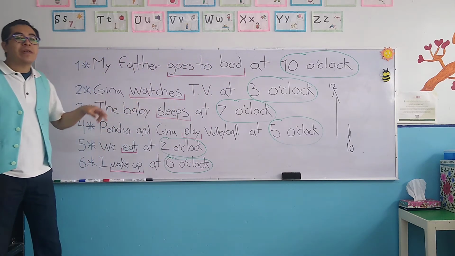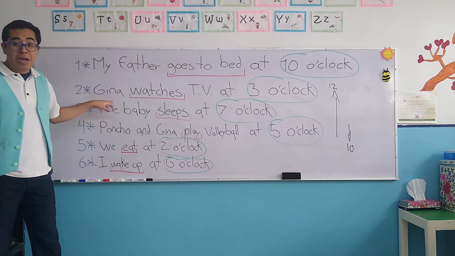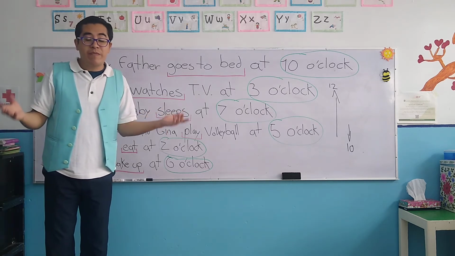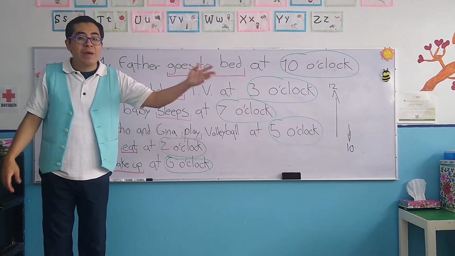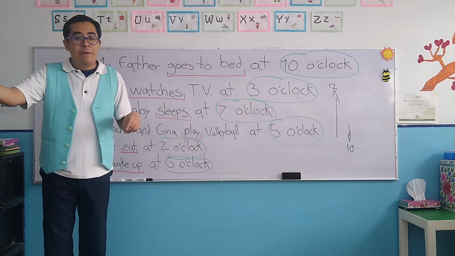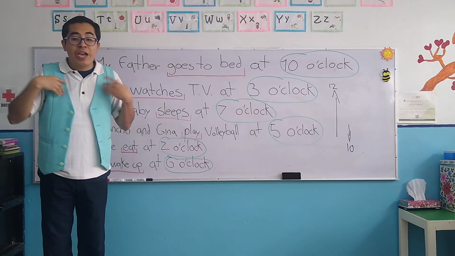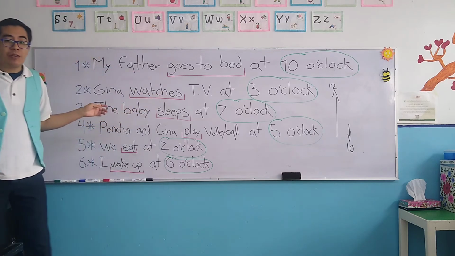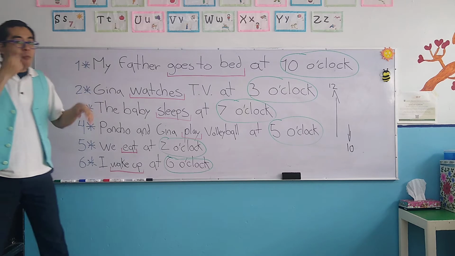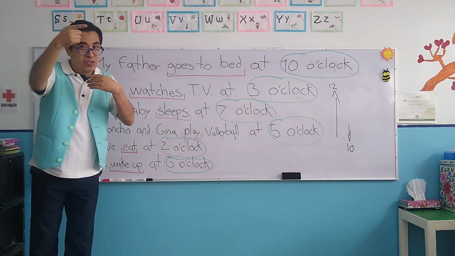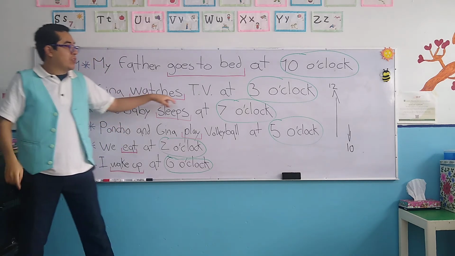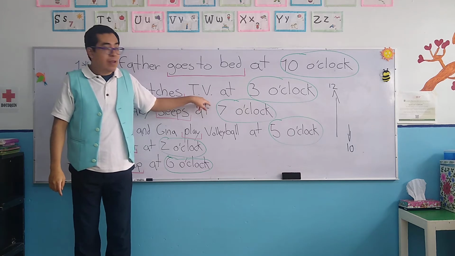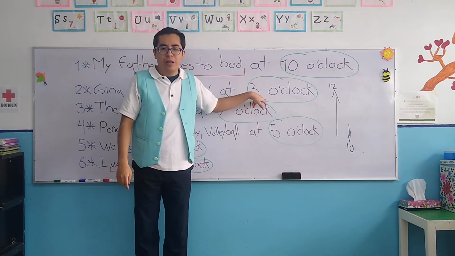Sentence number 2, it says, Gina. It's the name of a person, just like Sam or Jacob or Andres, those are names. Gina, it's another name. Gina watches television at 3 o'clock.